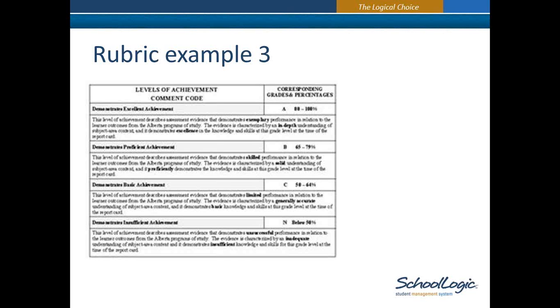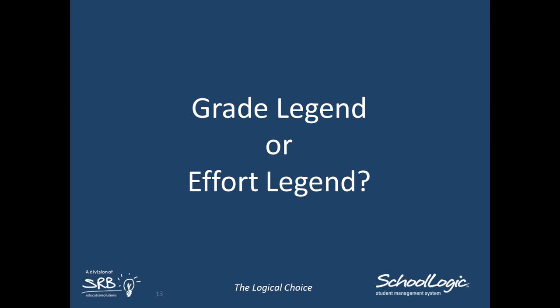So again, I apologize for the fuzziness of the slides, but the takeaway here is that a rubric is simply a set of standards, and it's a lookup chart. If I hit this standard, I get this evaluation or assessment. In our software, you will set up your rubric in either a grade legend or an effort legend.